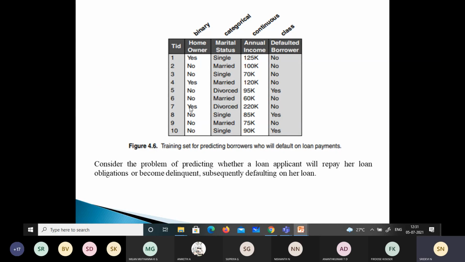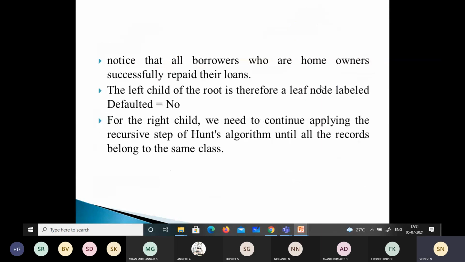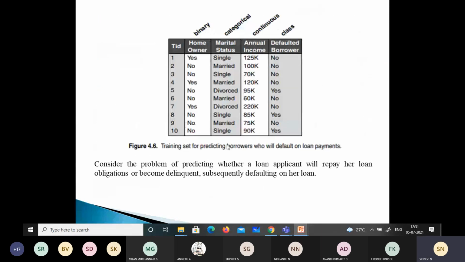Next we'll check no, single, and yes, and annual income is greater than 85K. So this record number 8 also will take this part, isn't it? No, single, and yes, this side. And one more is left out.